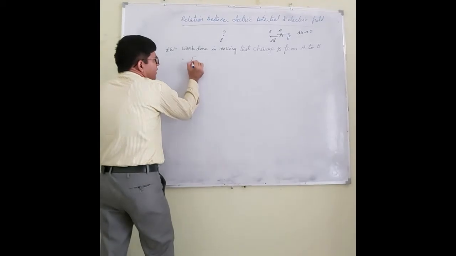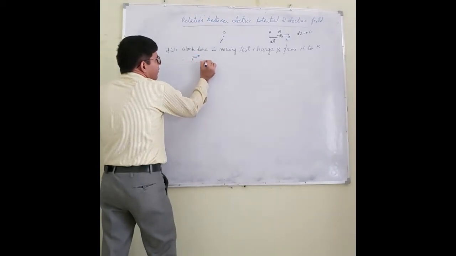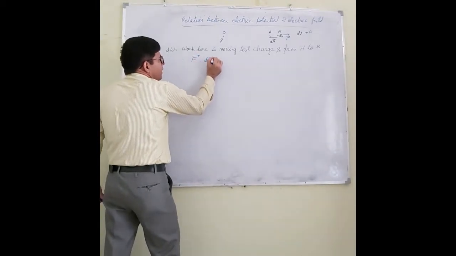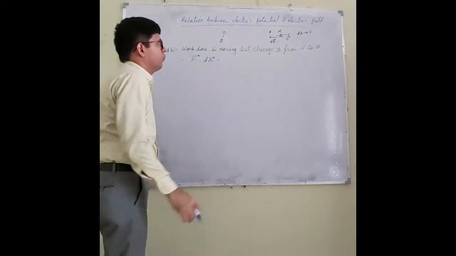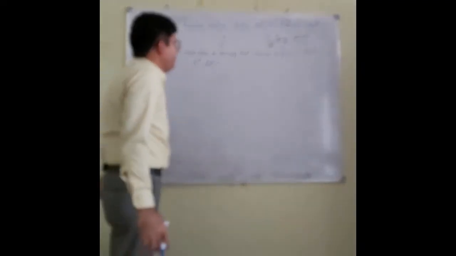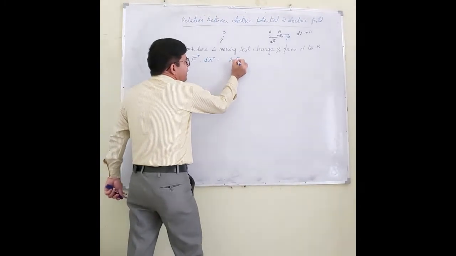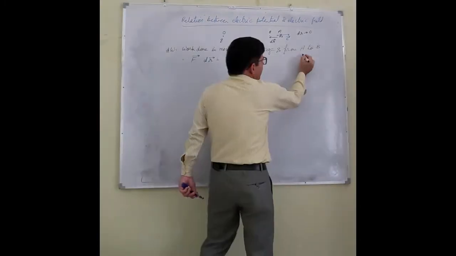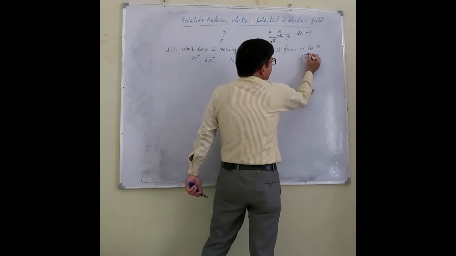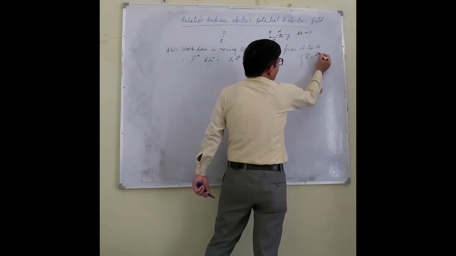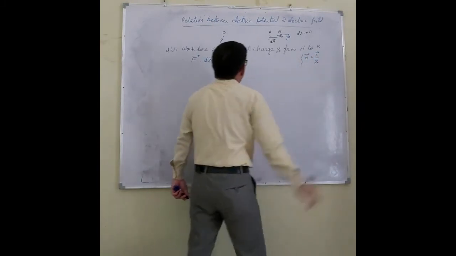Formula of the work done is F dot dr. What is F here? Q naught E, because E is F upon Q naught.